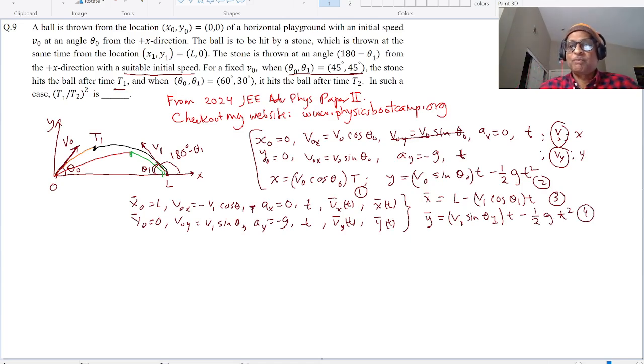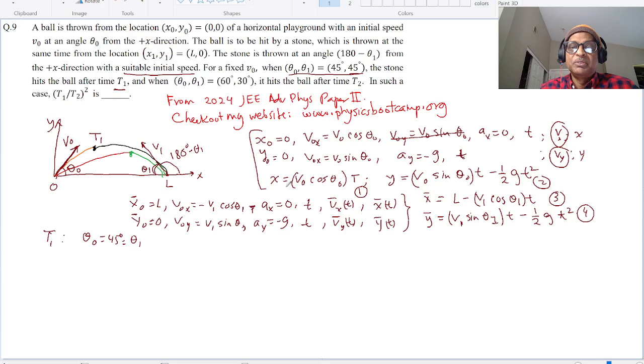So these are the 4 equations. And now let's look at the condition for t1. So the t1 condition is theta 0 is 45 degrees and same as theta 1.